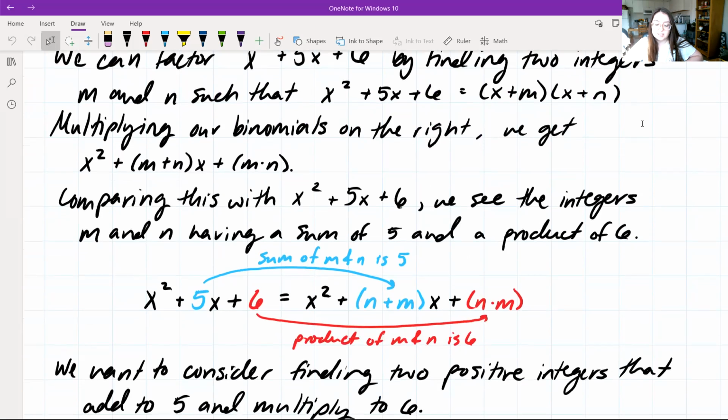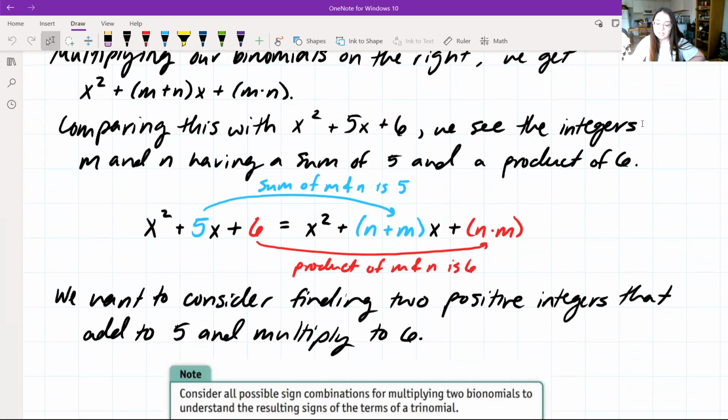So comparing this with x squared plus 5x plus 6, we see the integers m and n having a sum of 5 and a product of 6. So with x squared plus 5x plus 6, we know that 5 is equal to m plus n, while 6 is equal to n times m.